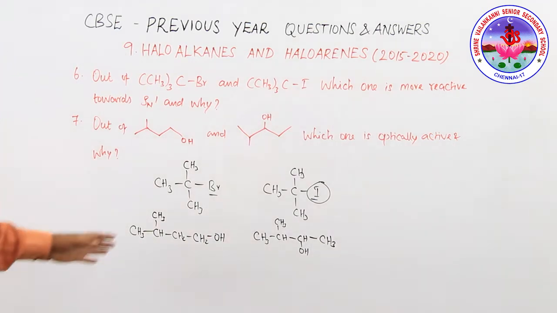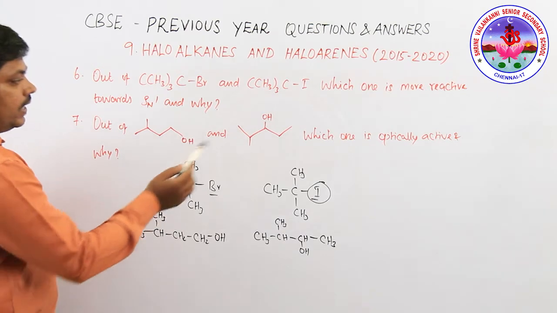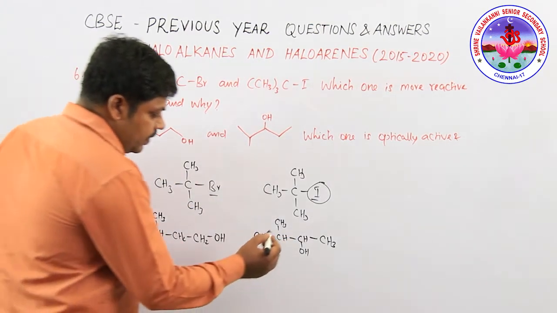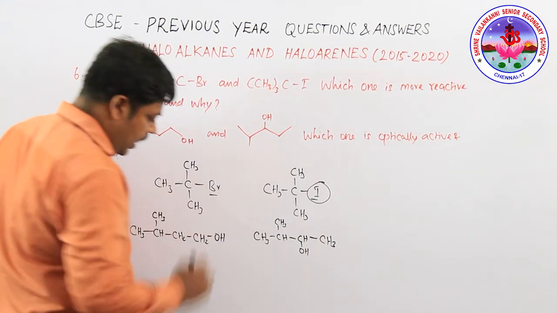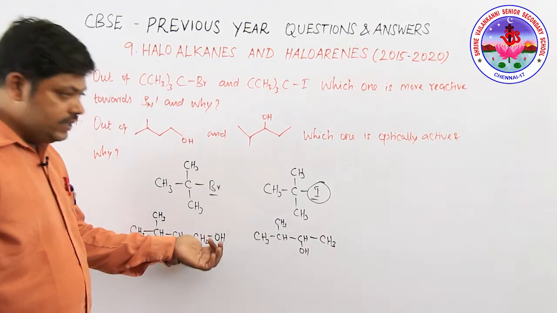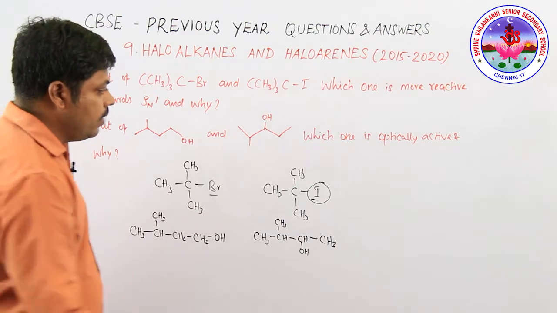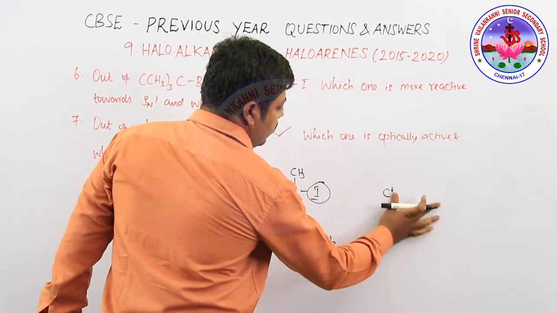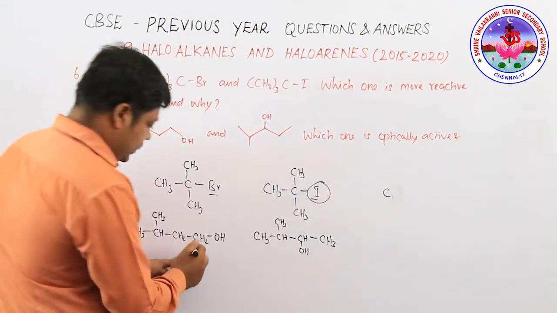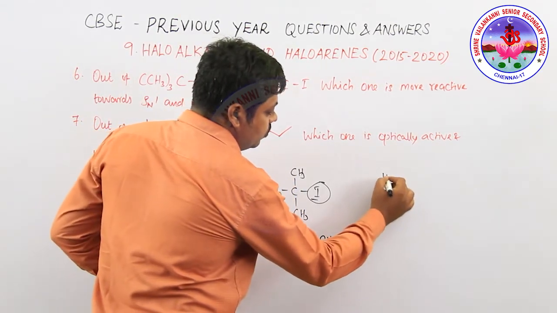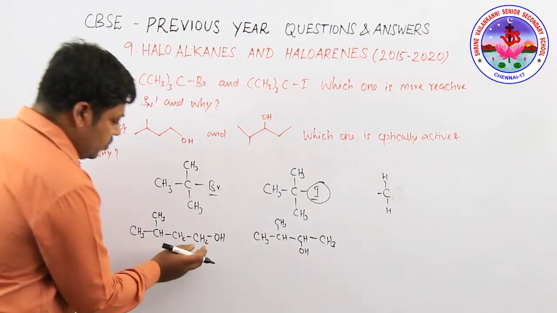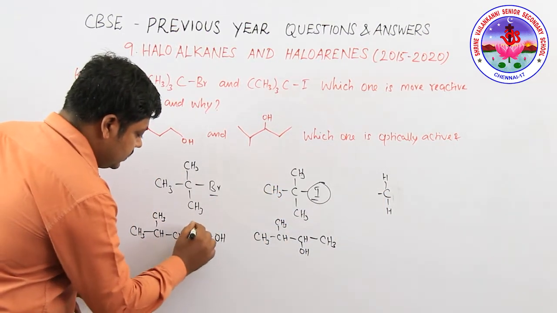Look at this structure. Which is optically active and why? Take this carbon in this structure, and take this carbon. Here the CH2OH, I am writing this structure, CH2, then the remaining part like this.